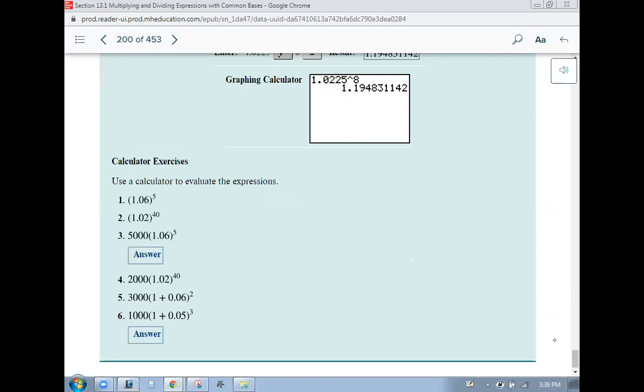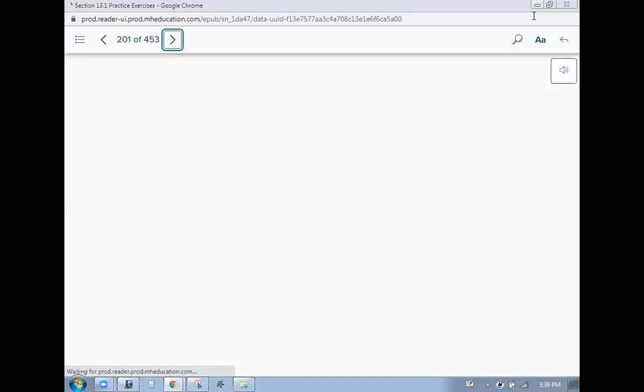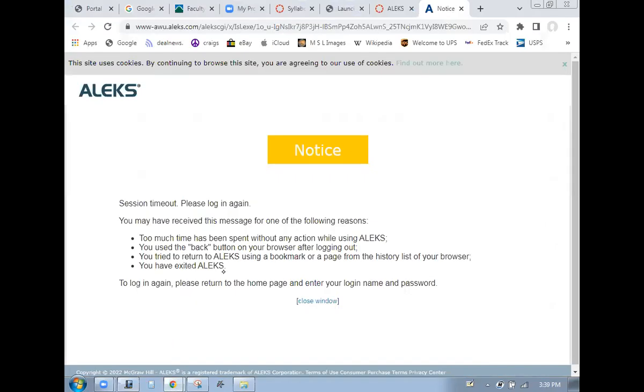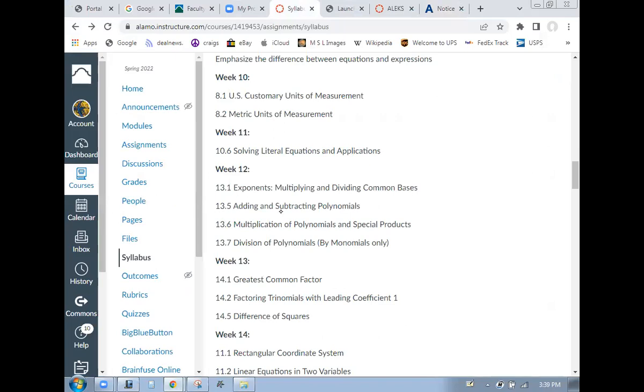All right, that's it for this section. Now we have to skip somewhere. Let's see. So we're skipping to 13.5. Let's take a look at this one.